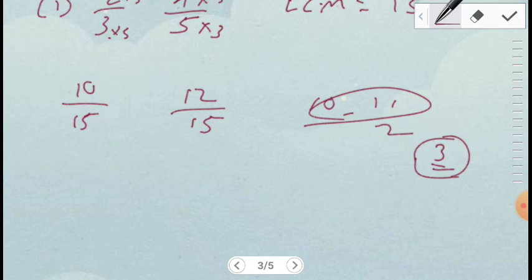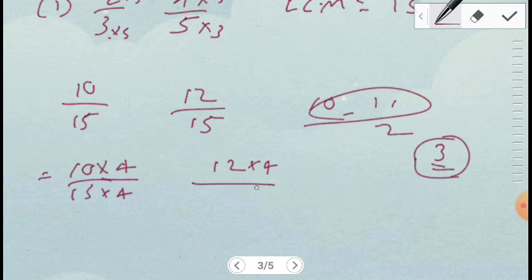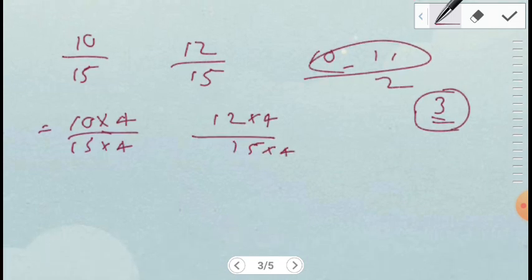So I will multiply 10 upon 15 with the 4. That means whichever number we require, here it is 3, we will always write one number more than that required number.